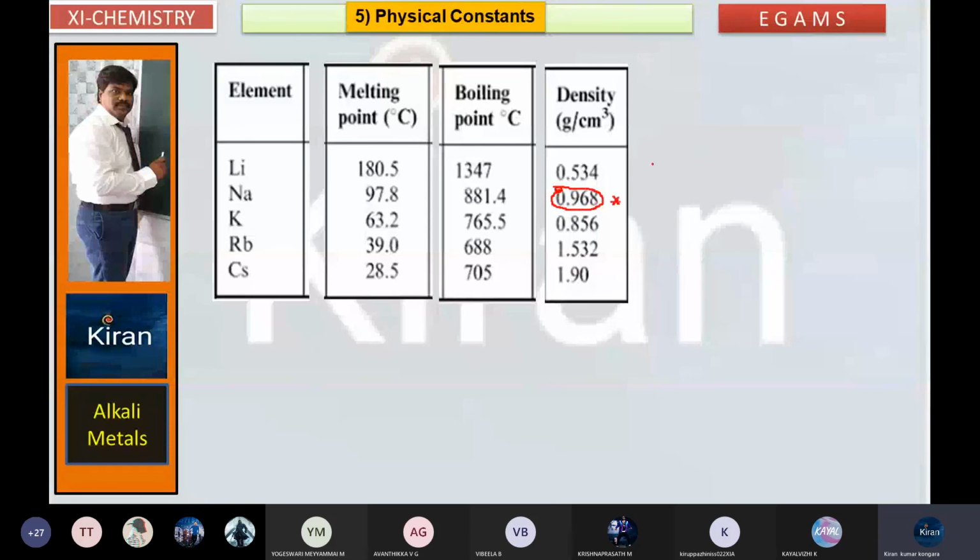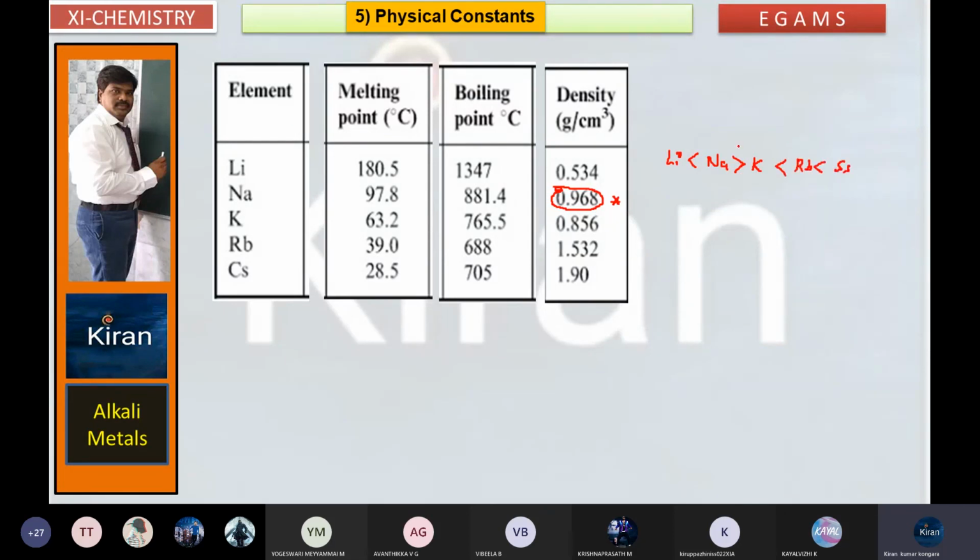The lowest density is lithium, then sodium, and after that the density values increase gradually. This is the lowest, 0.53, then 0.968, and after that potassium has a smaller density than sodium, and then rubidium, and then cesium.